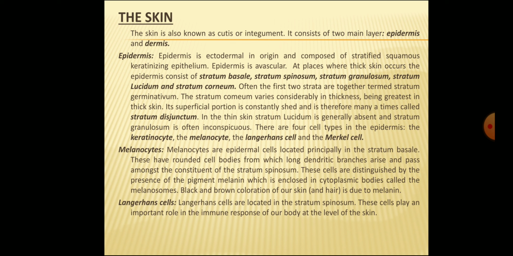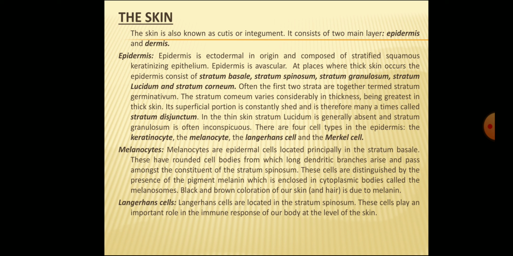The next cell which is found in the skin is Langerhans cells. They are located in the stratum spinosum. They do not have desmosomal connections with the neighboring cells but produce dendritic processes.